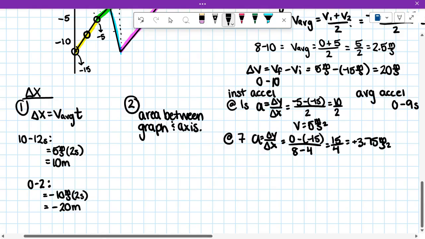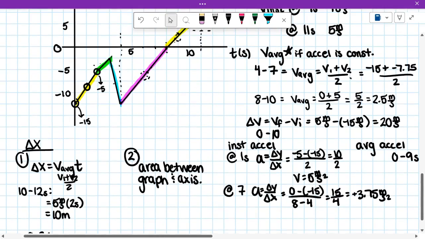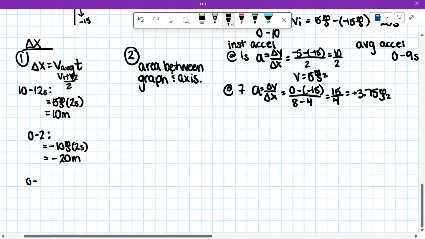Okay. So it's really easy to do when we have a section that is just constant acceleration, and we can use our v1 plus v2 over 2 equation for average velocity. So that's not too bad. Where things can get a little bit tricky is, let's say I wanted to figure out how far I traveled between 0 and 4 seconds.